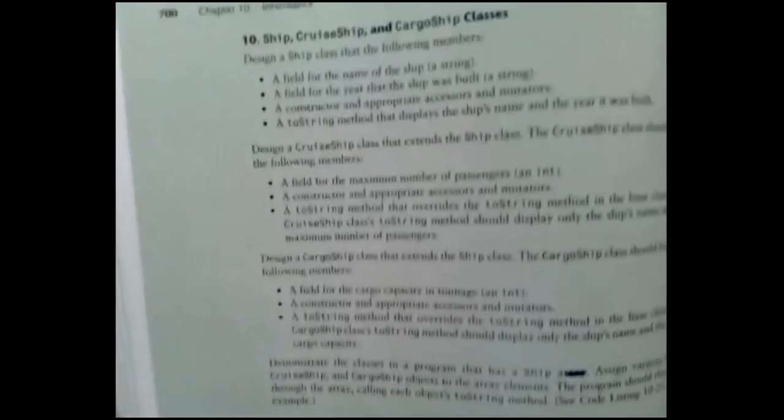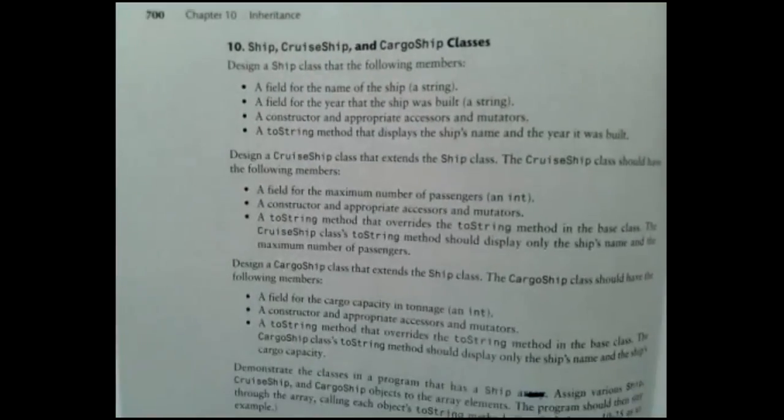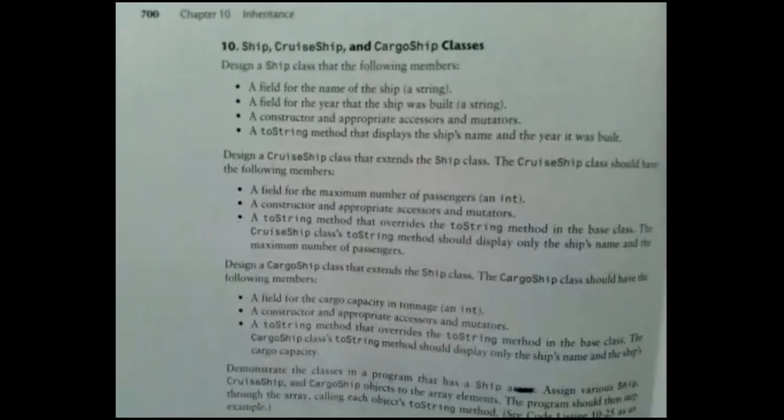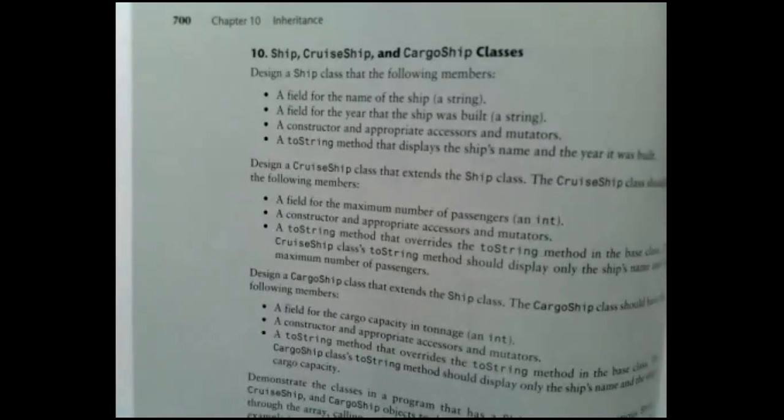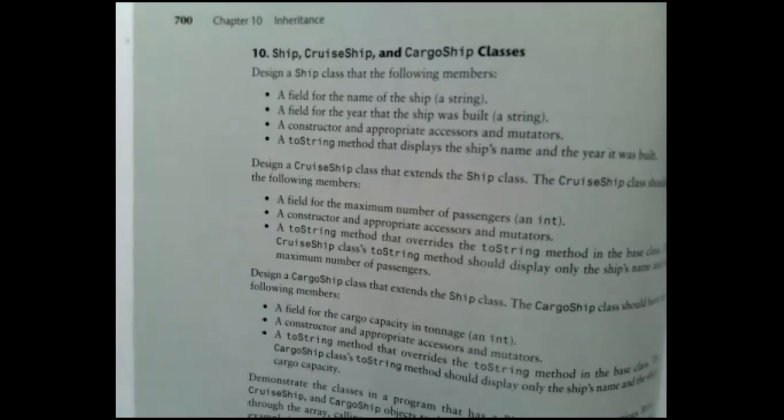I come to here and I'm looking at number 10. Number 10 is a ship, a cruise ship, and a cargo ship. Design a ship class that has the following members: a field for the name of the ship, a constructor with accessors, mutators, and a two-string.